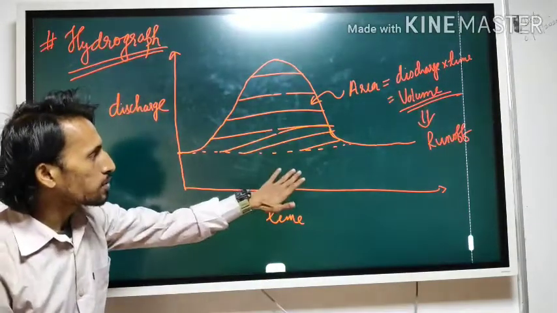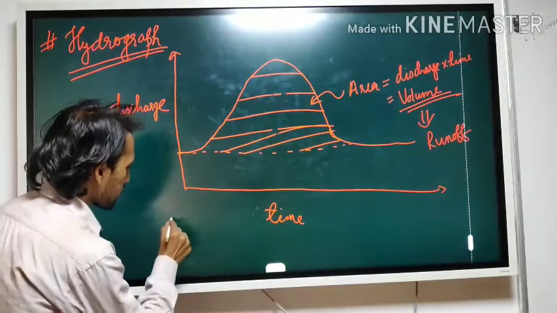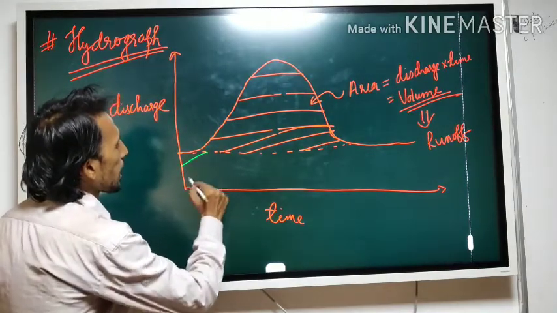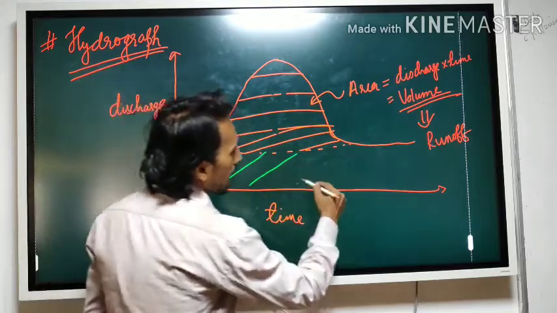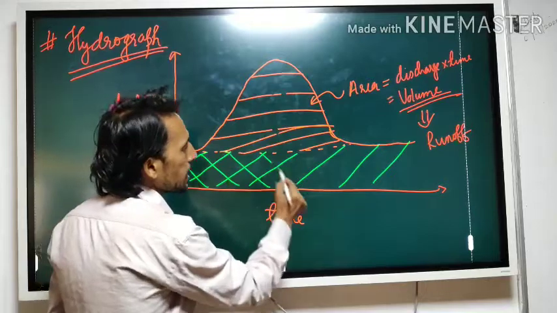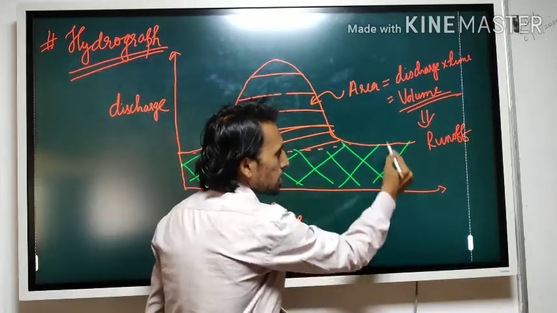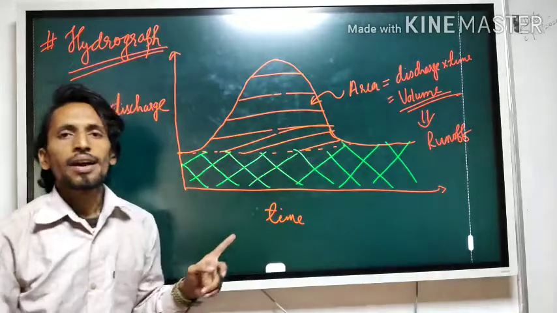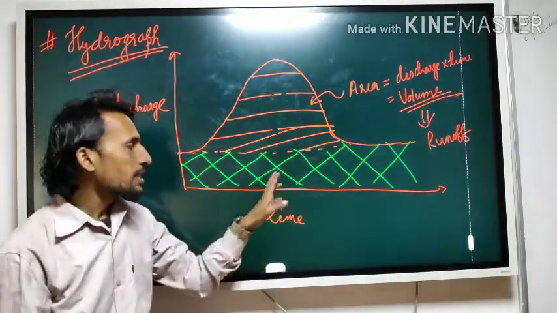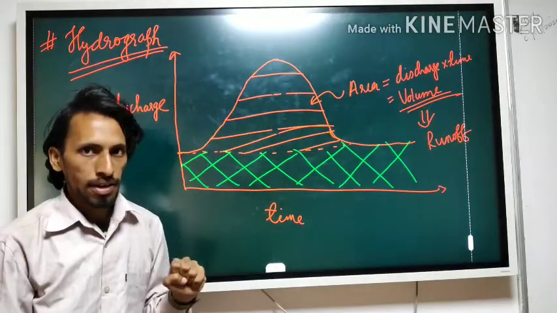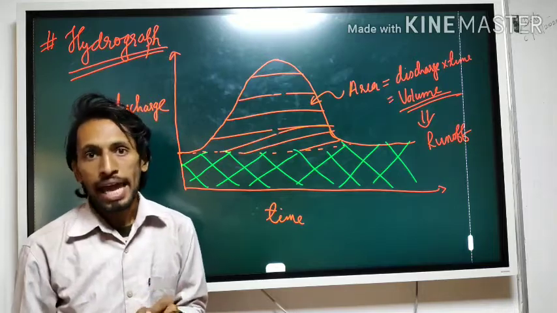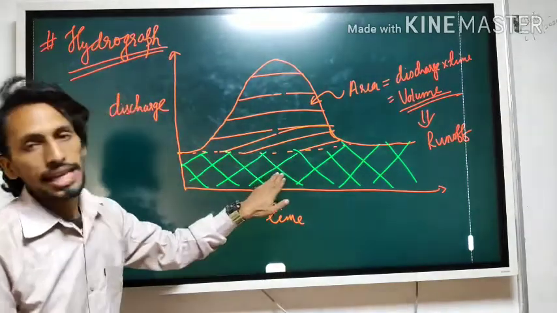Now if you observe this area in the graph, this amount of discharge is basically from the origin. What is the origin of a river? The origin contributes some water to the river, and that water is this green shade.